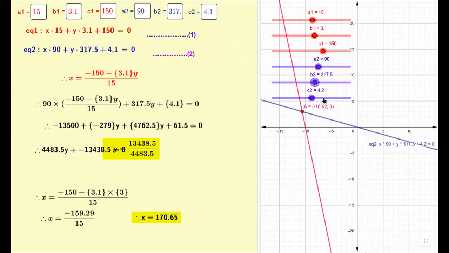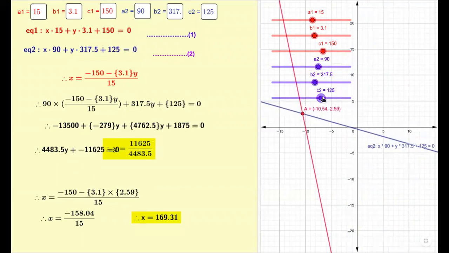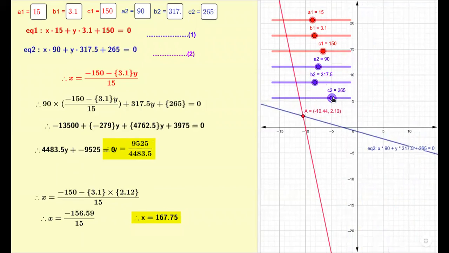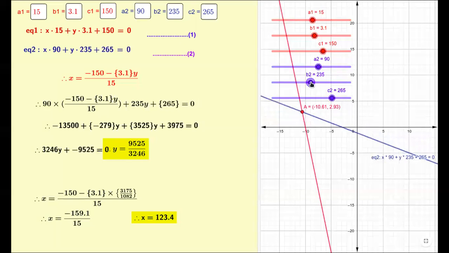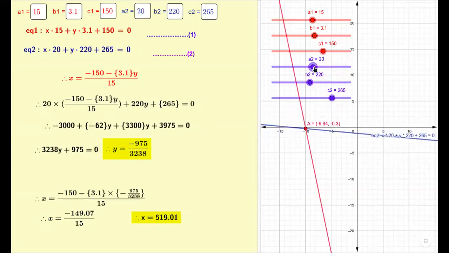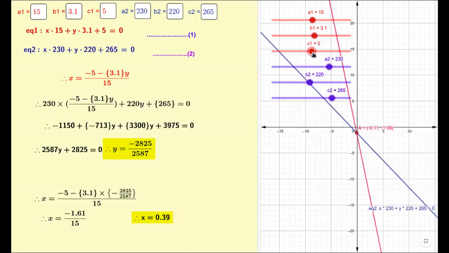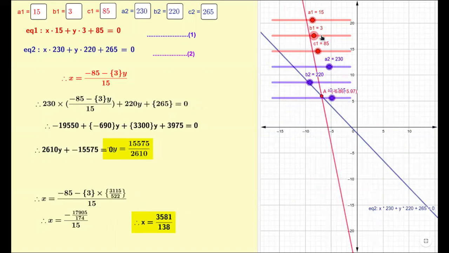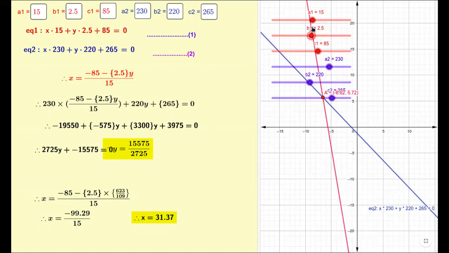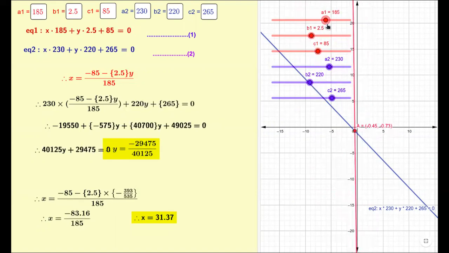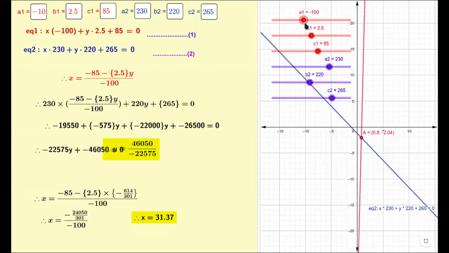If they do practice, they can easily understand what pair of equations produces the solution, whether they have a solution or not. They can easily identify, but initially they have to practice a bit on this. So what are the different pairs of equations that have the solution or not? So this is one, two, three.